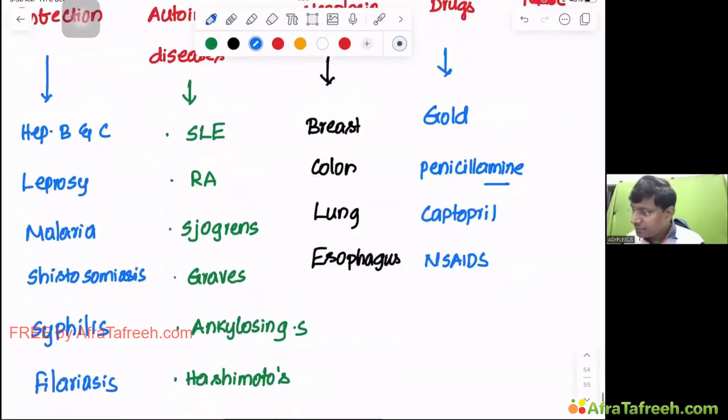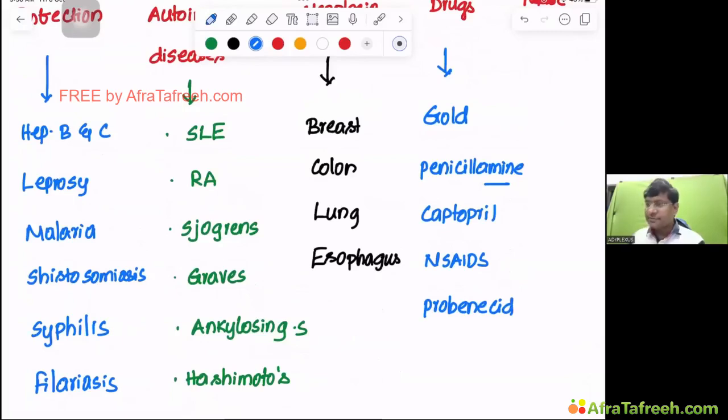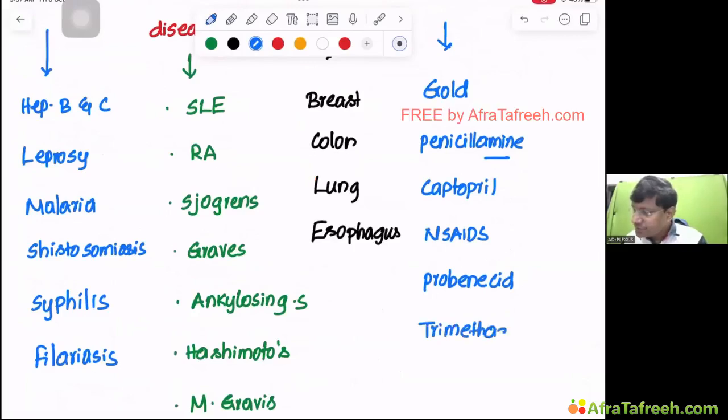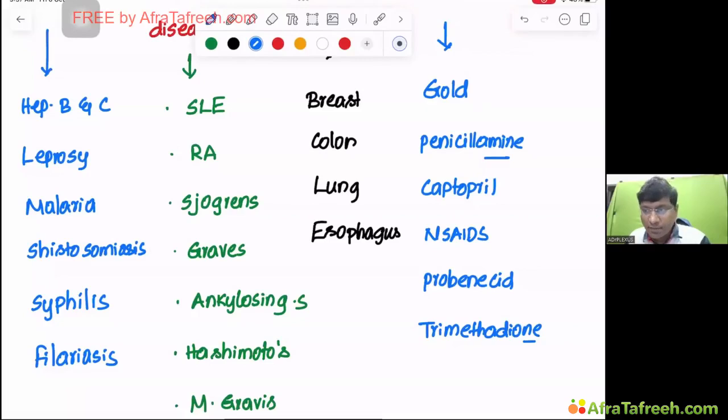And then probenecid. Where do we use this probenecid? That is in gout. It is a uricosuric agent. Then we were discussing just now trimethadione. So this trimethadione is also associated with which other form of nephrotic syndrome? Yes, minimal change disease. Okay, right.